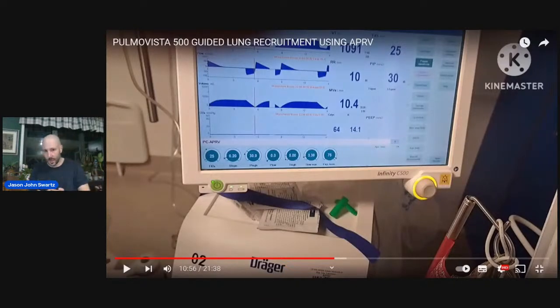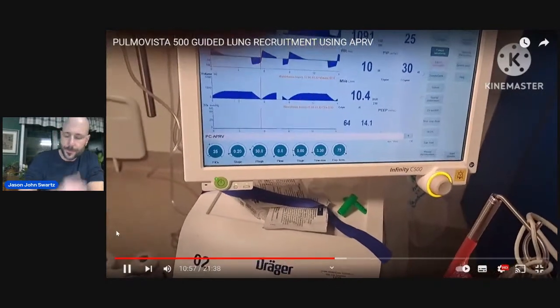We transition to, let's say, a P high of 25. We stretch that P high 5 seconds, and we do a very brief release. And why would that cause a pneumothorax? I've seen people that were concerned.